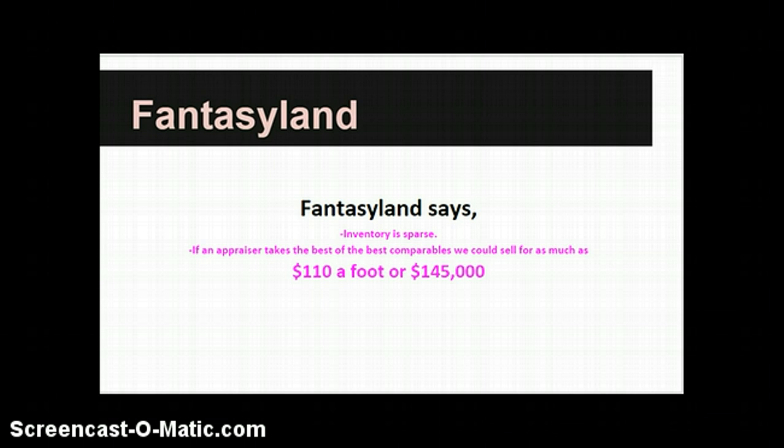So I do want to spend a little time there, and that's the fact that inventory is so sparse, supply is so low, and the demand is so high, we could possibly sell for more than the house should really be worth. I would say that would be 110 to 115 a square foot. The 115 would be really hard to catch without the basement because we just don't have that comparable there.